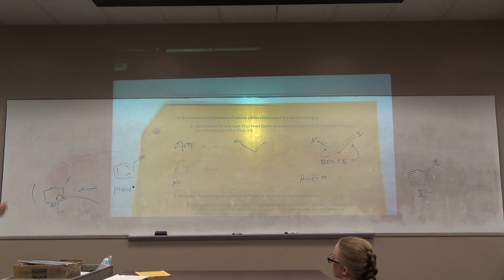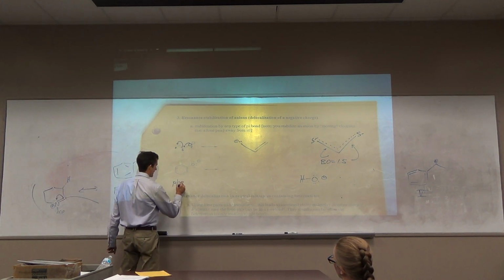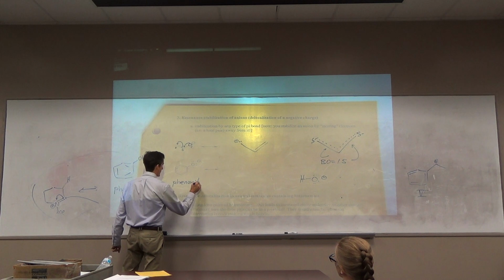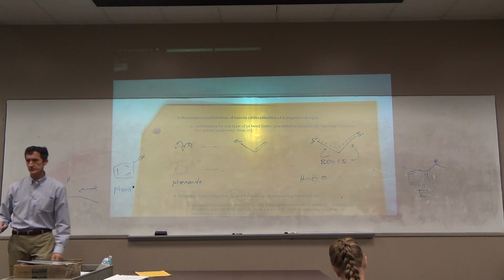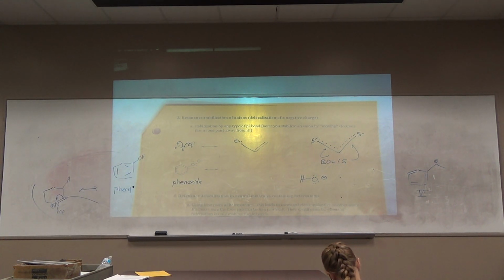Oxide is O minus, or 2 minus. Why hydroxide? Hydrogen oxide, hydroxide blend. Okay, this is phenol oxide. What do you want to call it? Yeah, draw resonance structures of the phenoxide anion.